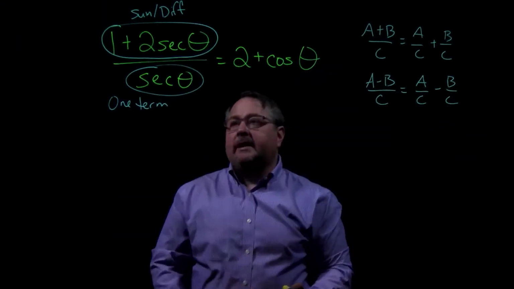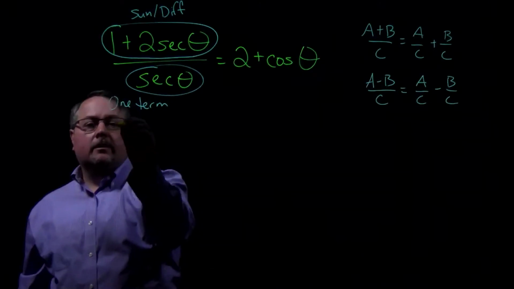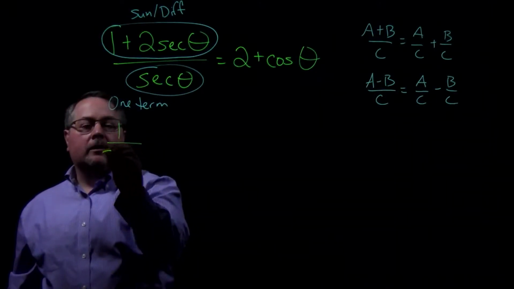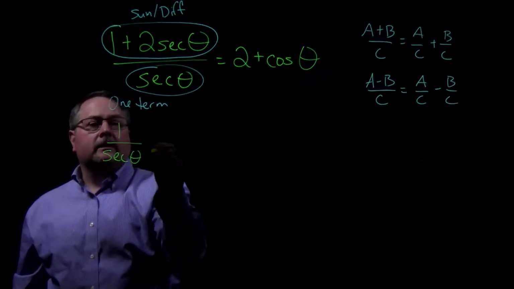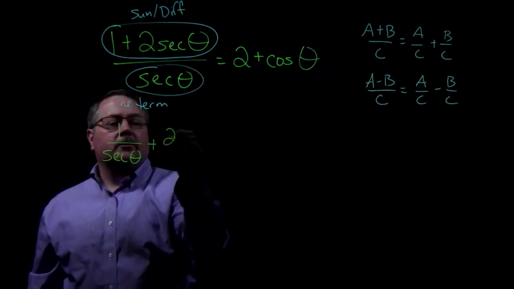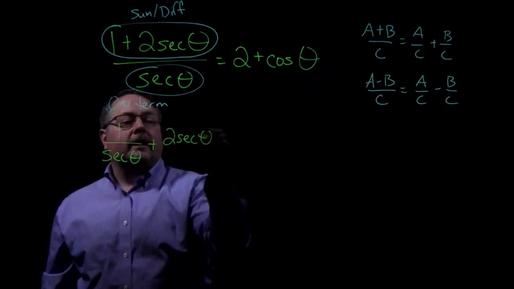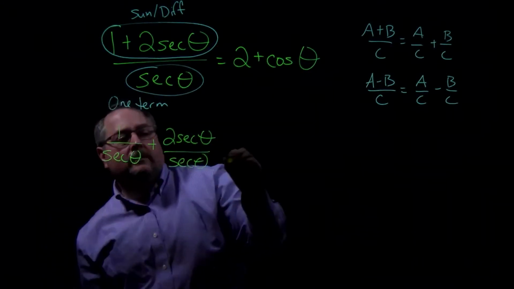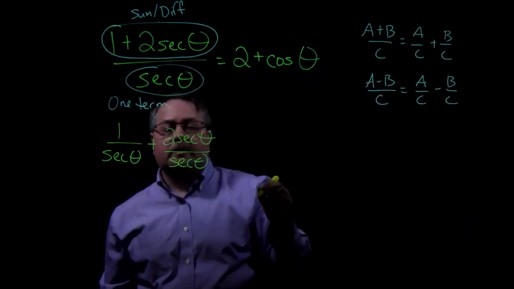For example, in this case, if we break our fraction up on the left-hand side, our left-hand side will be 1 over secant theta plus 2 secant theta over secant theta. Okay, and now we can do some simplification.